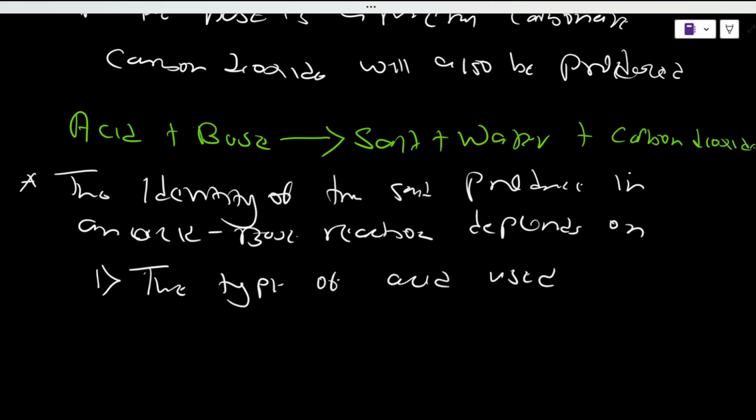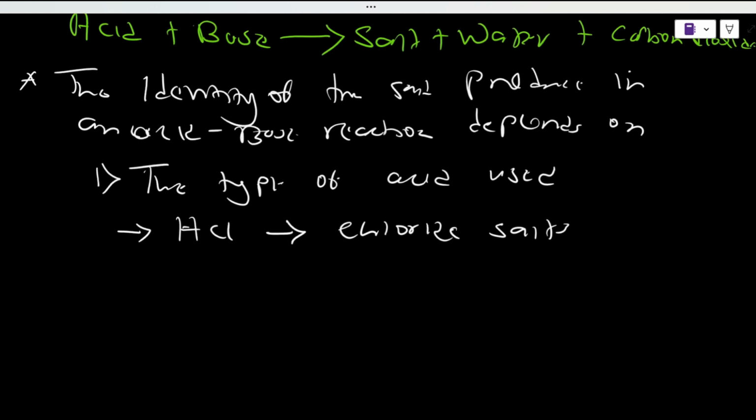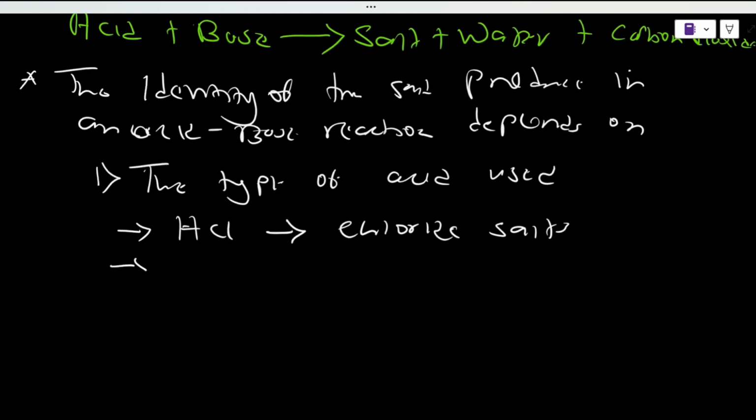Meaning, if you use HCl, you are going to form chloride salts. If you use sulfuric acid, you are going to form sulfate salts.